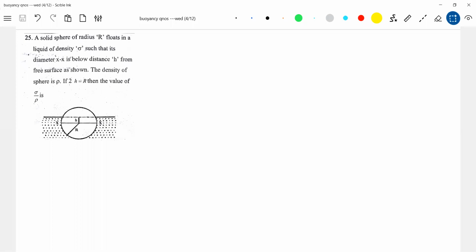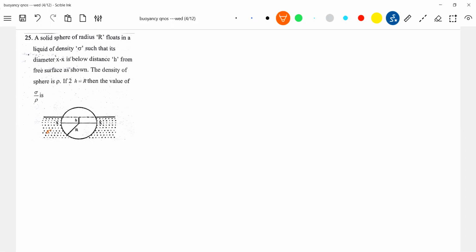It is asking the density of solid to density of liquid. A sphere of radius r floats in a liquid of density such that its diameter xx dash is below distance h from the free surface. The density of the sphere is rho. Density of liquid to density of the sphere is what the question is asking.